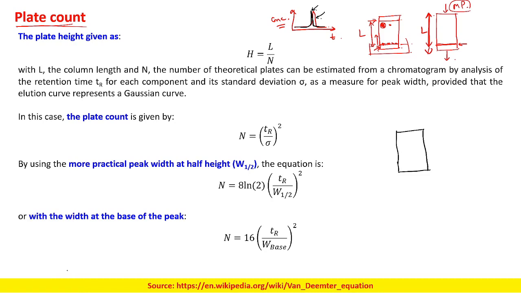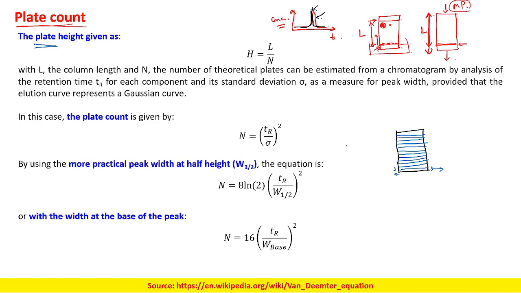When dividing the column, we consider that it consists of small plate-like structures. These plate-like structures, which are hypothetical in nature, are regarded as plates, and the height or width of this plate is regarded as the plate height.